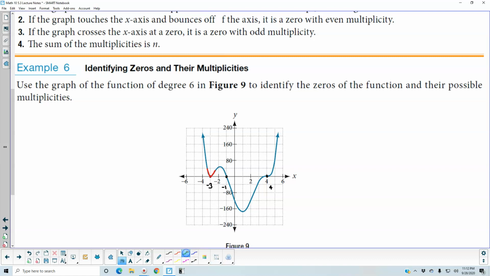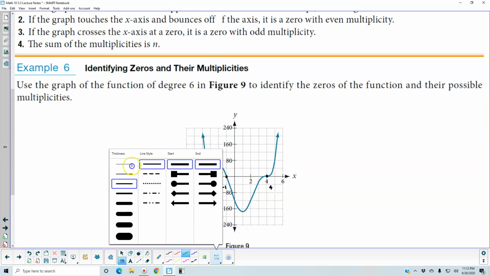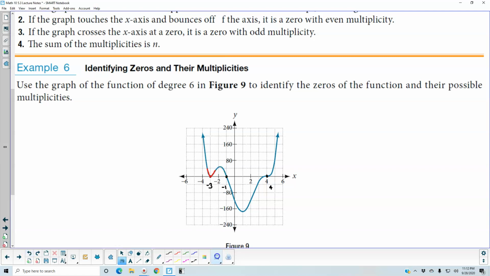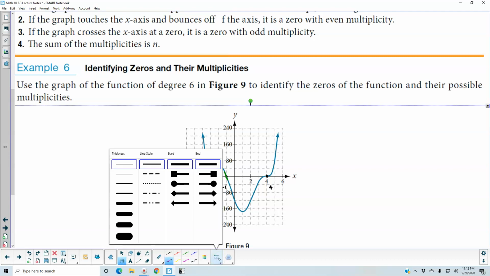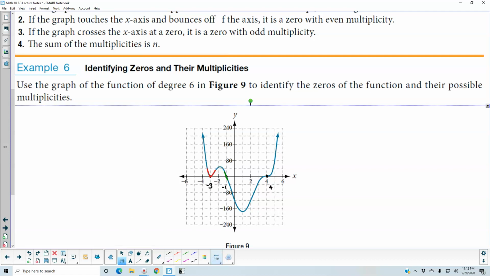If we take a look at the next intercept at -1, it's going through that x-intercept. And at the x-intercept of 4, we can see that it's going through like a cubic motion and it flattens out at the intercept.